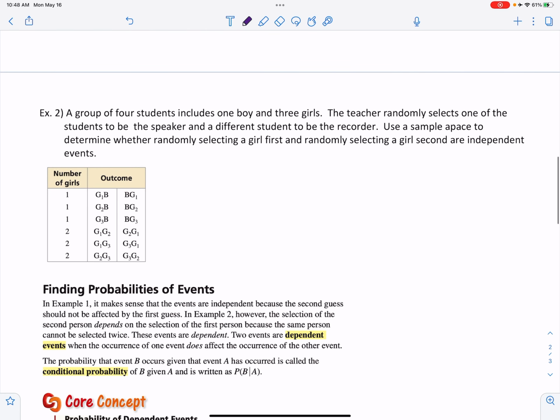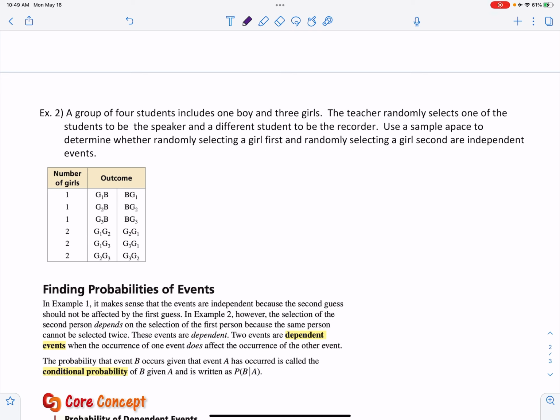Example 2. A group of 4 students includes 1 boy and 3 girls. The teacher randomly selects one of the students to be the speaker and a different student to be the recorder. Use a sample space to determine whether randomly selecting a girl first and randomly selecting a girl second are independent events.